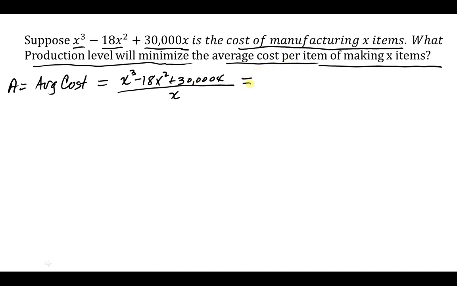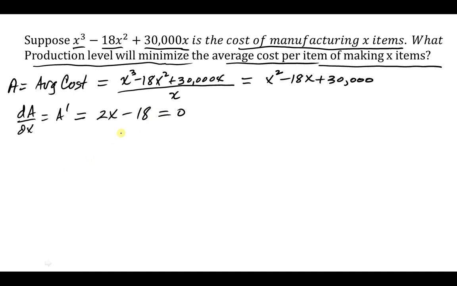This would be the average cost, and you can see this is equal to x squared minus 18x plus 30,000. So if we take dA/dx, A prime, the first derivative, we get 2x minus 18, and we set that equal to 0, and we get 2x equal 18, and then x equal 9. So we want to manufacture 9 items.